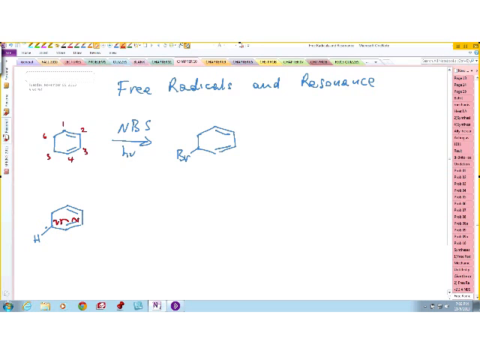We now get a resonance structure in which the double bond is now here, and the free radical is now here.